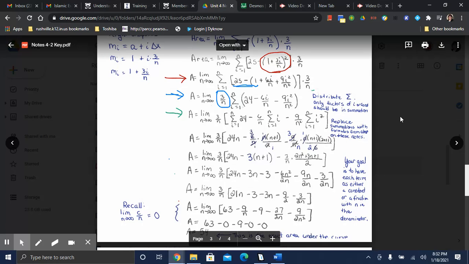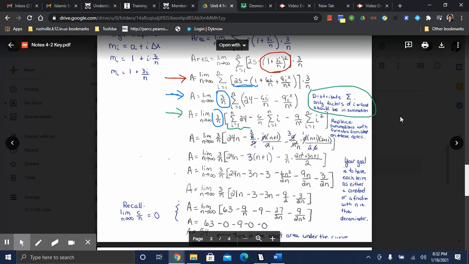This time I'm going to use this idea of distributing the summation symbol. So notice that I kept the 3 over n after the limit. And now my summation symbol I have distributed. So I've distributed the summation, first of all, to the 24. So I have the limit as n goes to infinity of 3 over n, and then I have the summation from i equals 1 to n of 24.